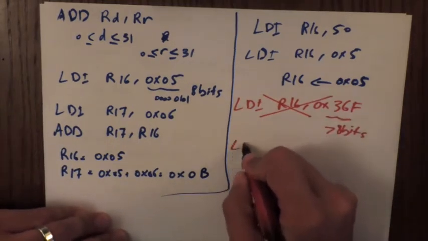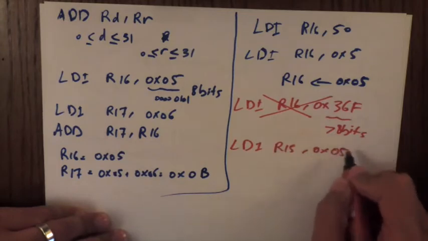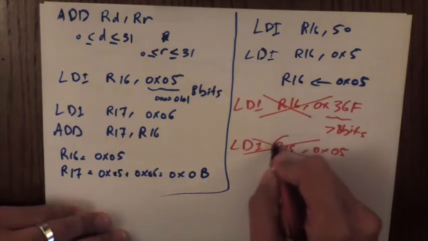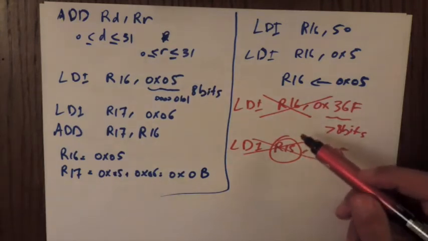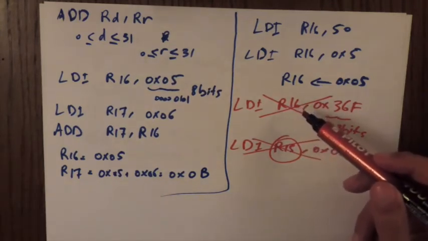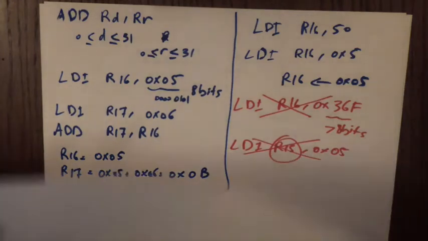Also doing something like LDI R15 0x05 is wrong because of R15. So we cannot use, as I said before, registers less than 16, and we cannot use more than 8 bits for the constant.